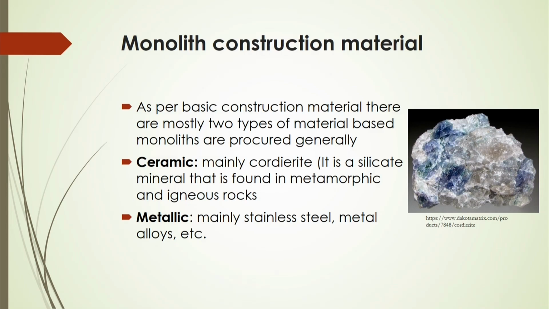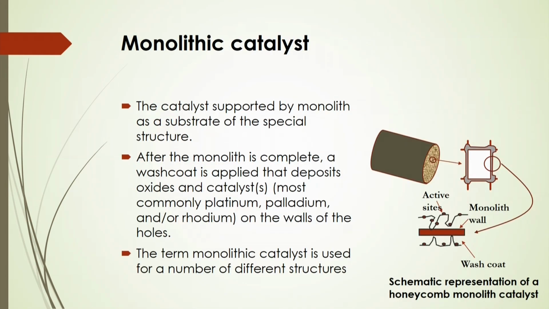In the ceramic case, mainly cordierite-type materials are used, which are silicate minerals found in metamorphic and igneous rocks. The metallic ones are mainly stainless steel, metal alloys, etc. So, broadly two types of materials are used for construction of monolithic structures: one is ceramic, another is metallic.